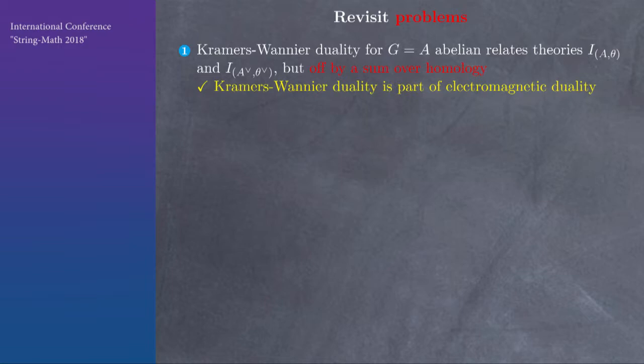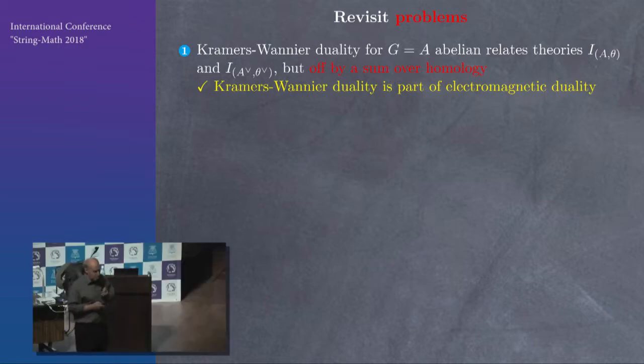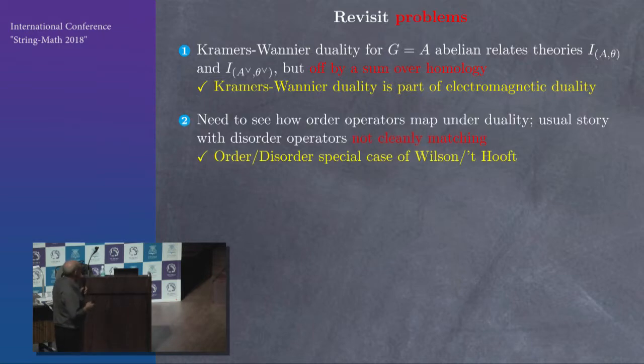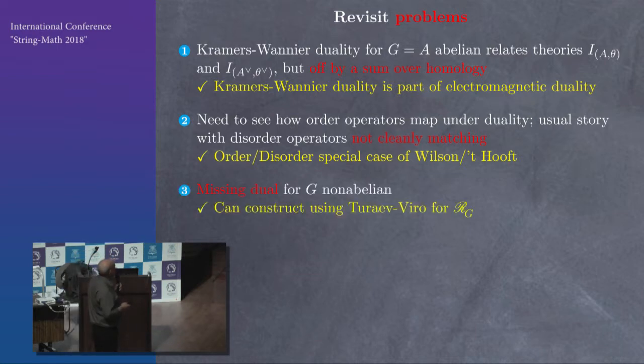Okay. So all the things I said before are solved by thinking of this as a boundary theory. Now this Kramers-Wannier duality is really part of electromagnetic duality, the one that I told you at the beginning about the gauge theory. And so we can see how that acts on the boundary conditions, and that's the Kramers-Wannier duality. The order and disorder operators, I've said, are Wilson and 't Hooft operators, and those are exchanged by the duality.